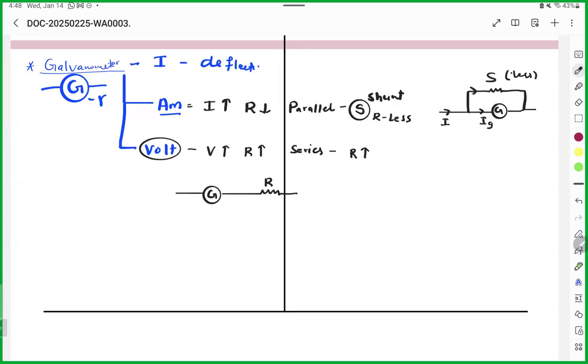Then the remaining current in the shunt will be I minus Ig. In parallel, potential remains the same, so potential through S equals potential through G. Potential through S is (I minus Ig) times S. In G, the current is Ig and the resistance is G.